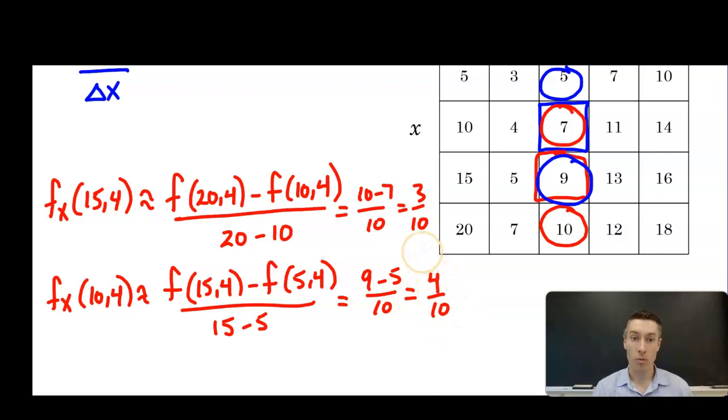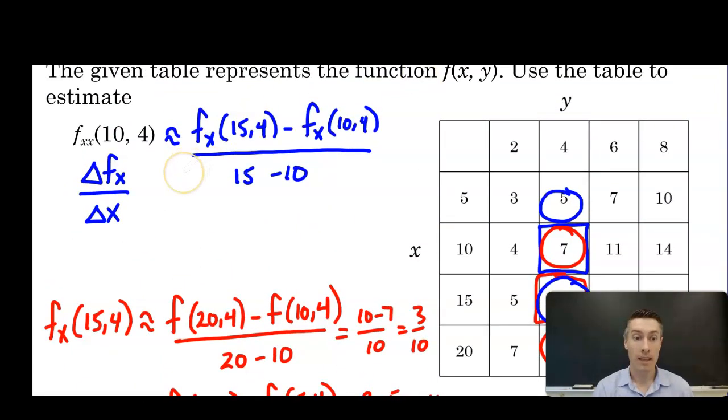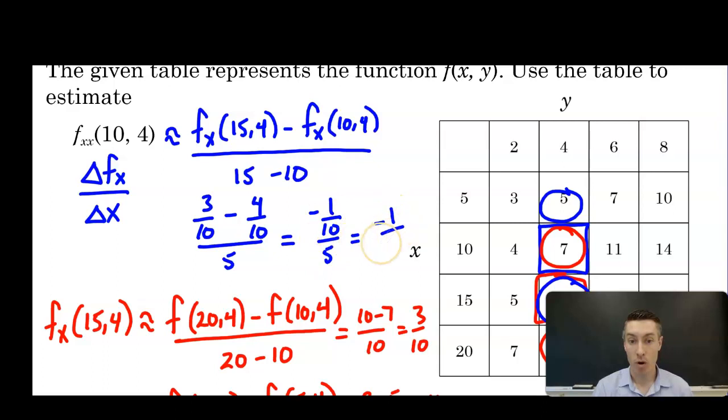Okay, so we had to find two first-order partial derivatives, and now we use those values in the estimate. So that's going to be 3 over 10 minus 4 over 10 over 5, which is negative 1/10 over 5, or negative 1 over 50. So the estimate for this second-order partial derivative is negative 1 over 50.